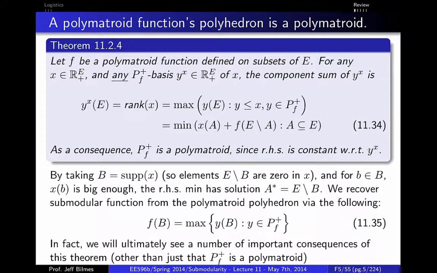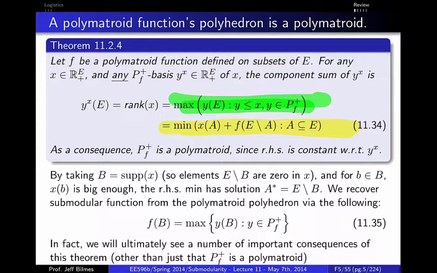So last time we proved this really, really critically important theorem, which shows that the vector rank function for a given x is basically equal to the following submodular function minimization problem here.